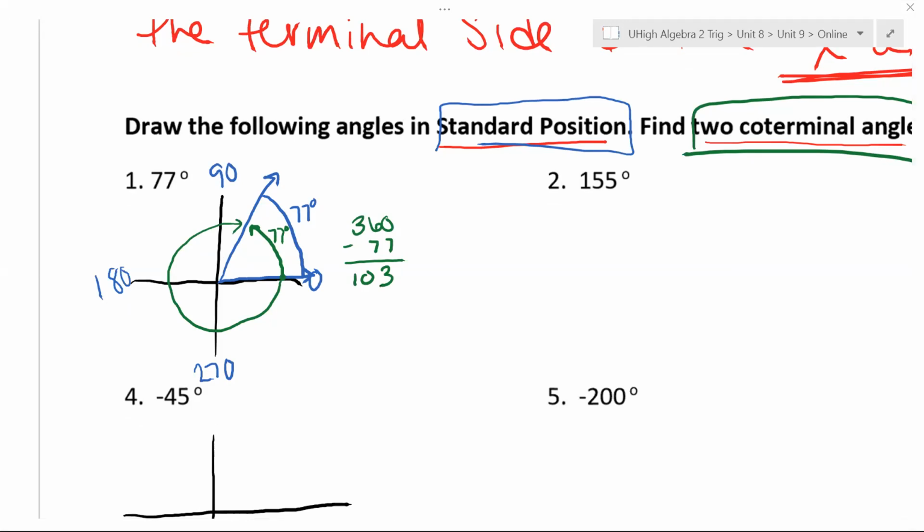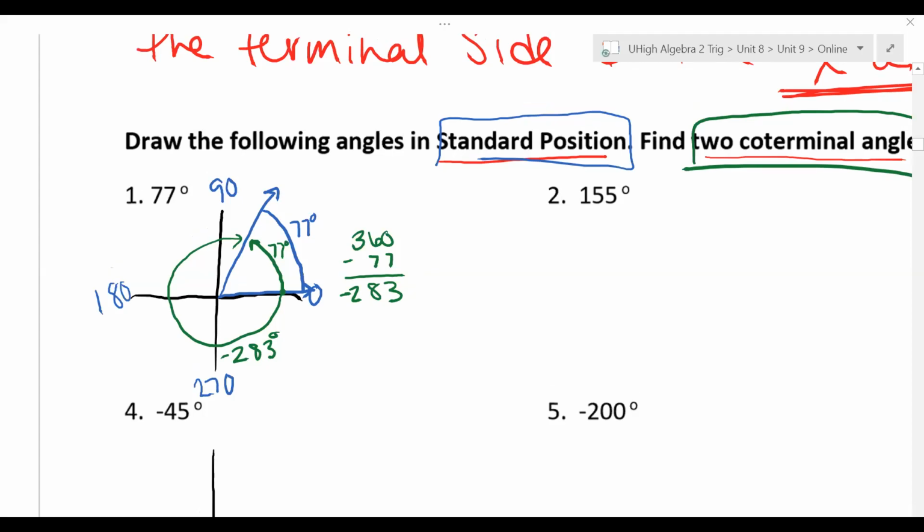That's not right. Hold on. I have it written down here in my notes, but that's definitely not right. So 360 minus 77 is 283. And since I'm going clockwise, it's going to be a negative 283 degree angle.